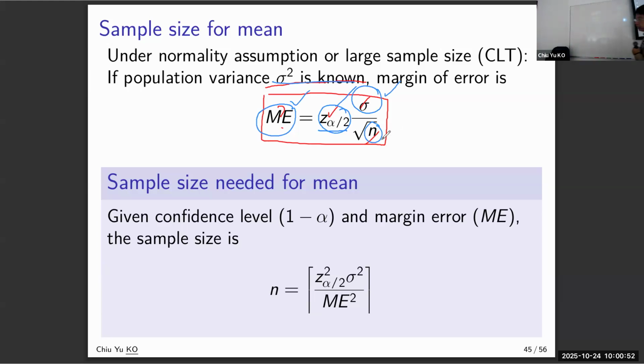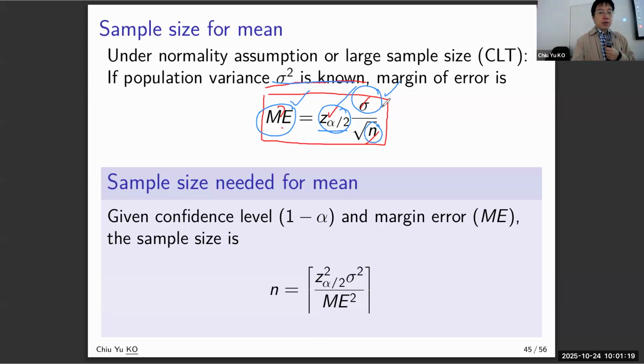We have our desired margin of error. Okay, we go back to ask ourselves, can we find n to achieve our desired precision, right? Because ME is how precise we are, right? The smaller the ME, the more precise our interval, right?